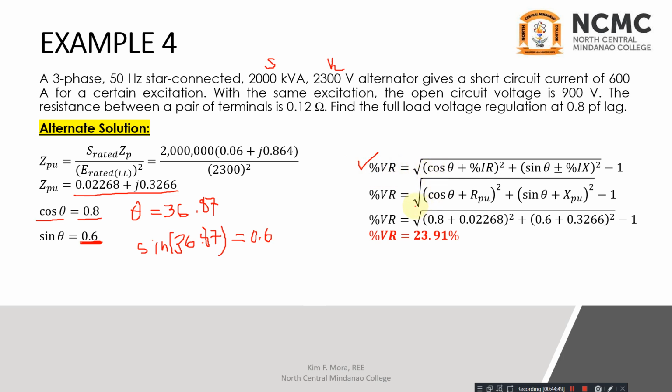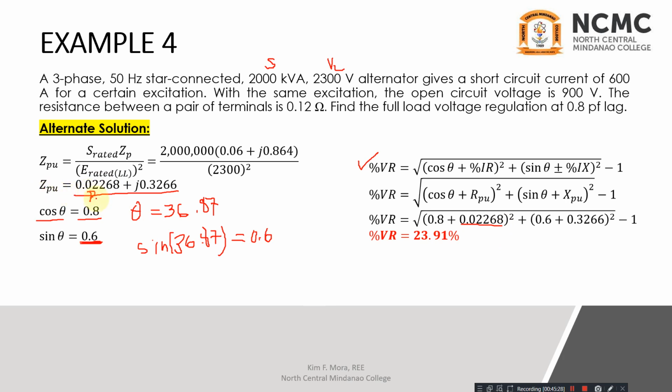So we have, i-substitute lang na to, square root of the cosine theta plus, this is the, katong akong giingon no, the resistance in per unit plus sine theta plus per unit na tong reactance squared minus 1. So, substitute lang cosine theta, that is 0.8 plus atong per unit nato nga resistance, that is 0.02268, per unit nga ni nga impedance.